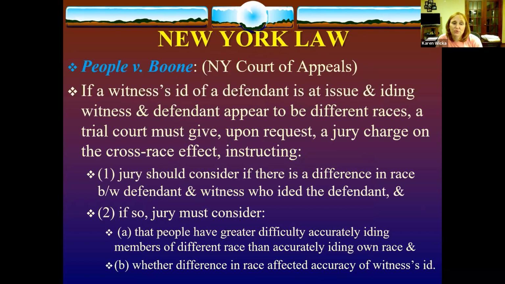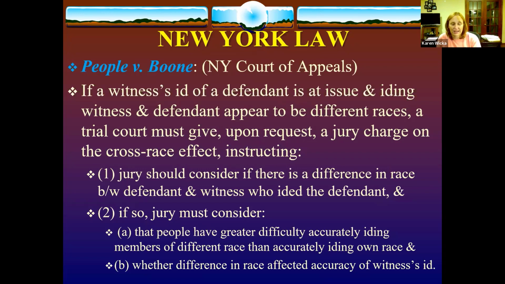It's so bad that the New York Court of Appeals, our highest court in New York, says that if a witness's identification of the defendant is at issue, so if you have an eyewitness identification and the defendant is challenging it, not wanting that witness to testify, and the defendant is from a different race, then you have to instruct the jury about this prior to their deliberation, that the jury should consider if there is a difference in race between the defendant and the witness who identified the defendant.